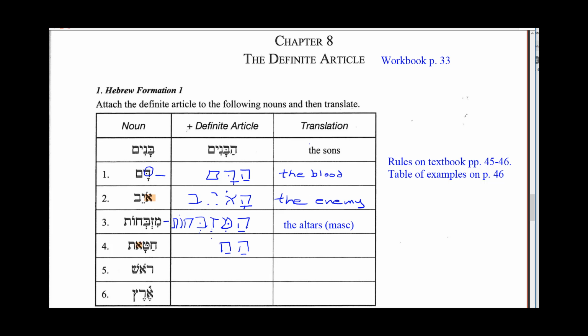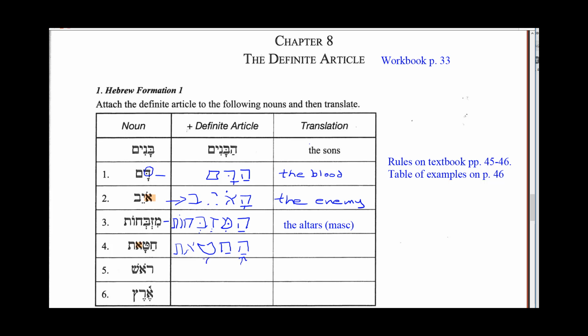So we can't double a guttural, but it won't bounce as it did back up here in the case of the aleph. Down here, we can't double, but we just say that it absorbs it. So here the vowel stays the same. We just have a patach. So the patach stays the same, and then we write the rest of the word here. So aleph and tau.